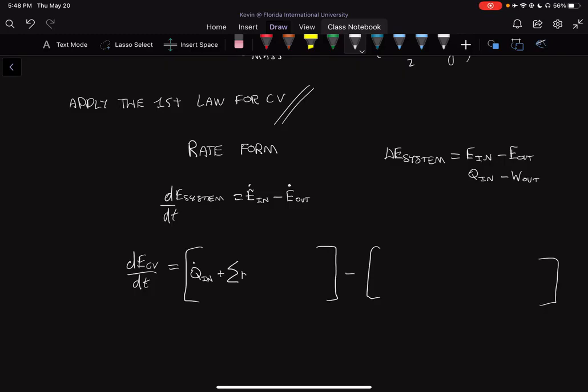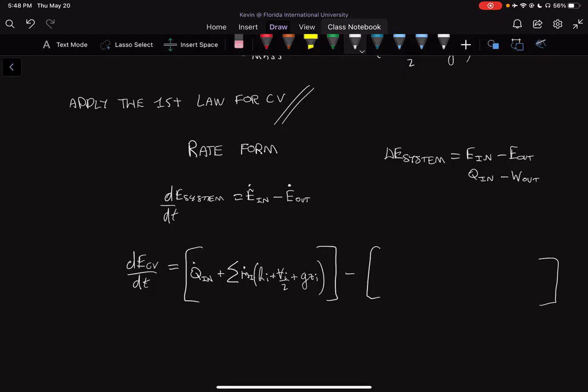And this energy is the sum of m dot i, m dot in, times hi plus Vi squared over 2 plus g zi.